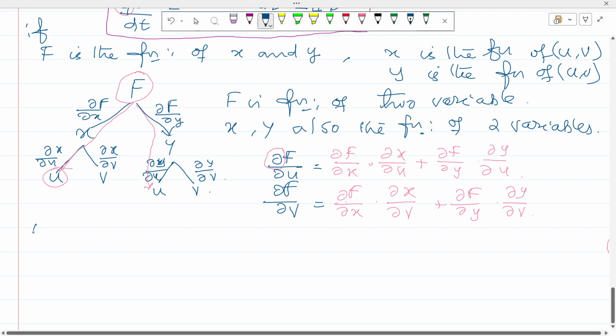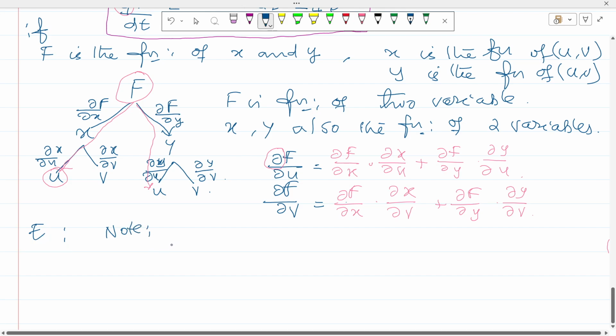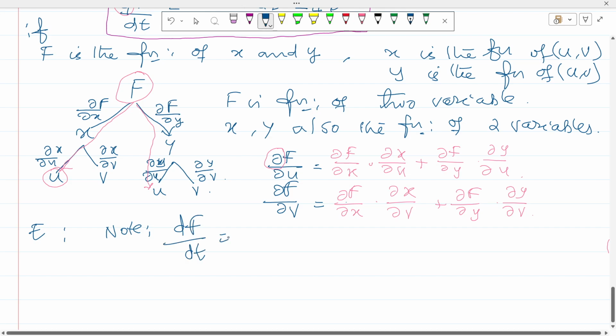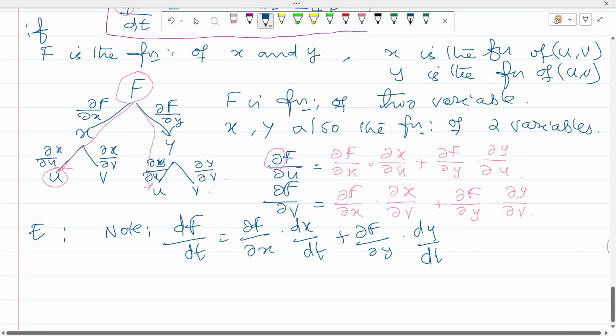Solve an example from that Maths 2. First I want to write a note before we go to that example. The note is df by dt equal to dou f by dou x into dx by dt plus dou f by dou y into dy by dt.